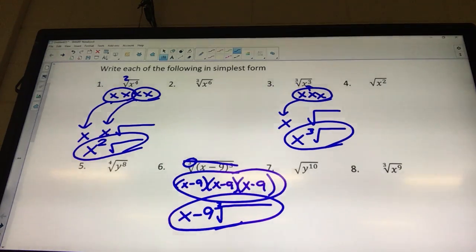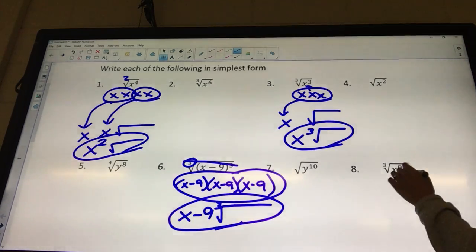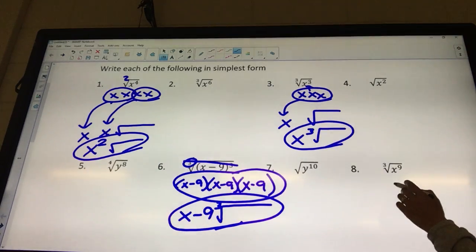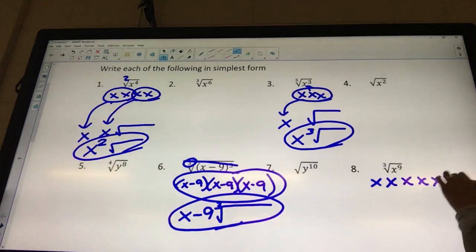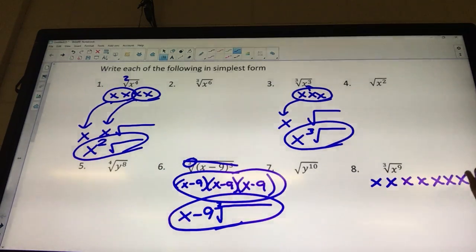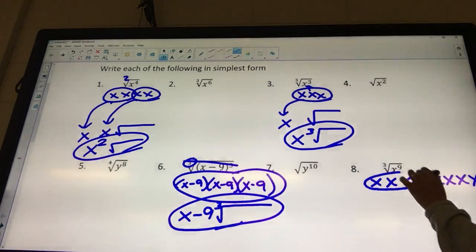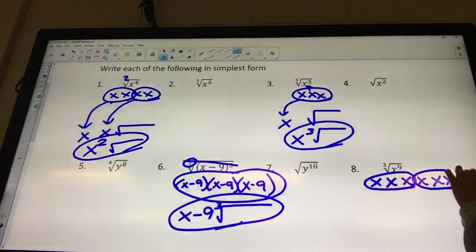Look at 8. What's our group number? 3. So I need to do it in groups of 3. How many x's do I have total? 9: 1, 2, 3, 4, 5, 6, 7, 8, 9. How many groups could I do? 3: 1, 2, 3.